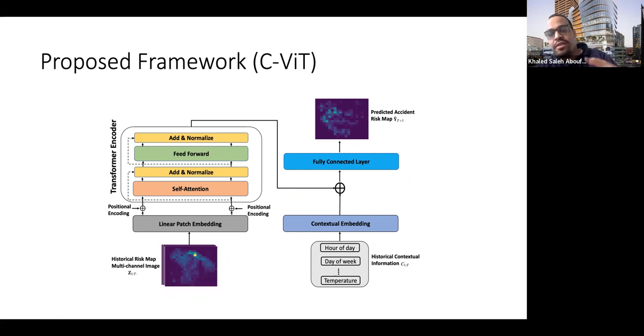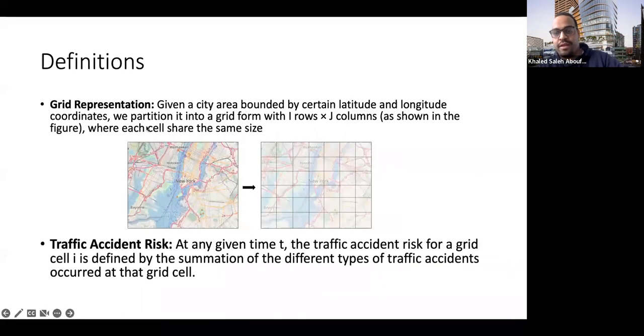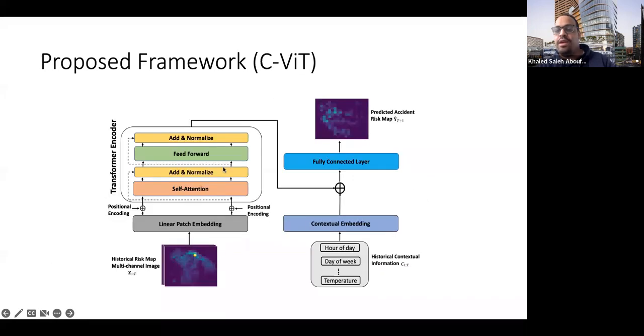You can think of it as an image with 7 channels, and the spatial resolution is the resolution of the city area that we are focusing on. The output of our model is the same kind of city map, giving the risk for each region over the next hour. I hope this makes it more clear what the inputs and outputs are.